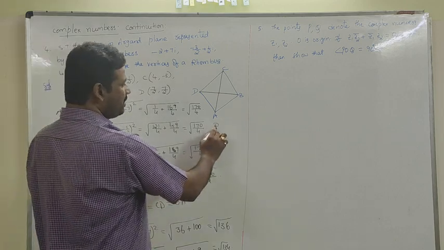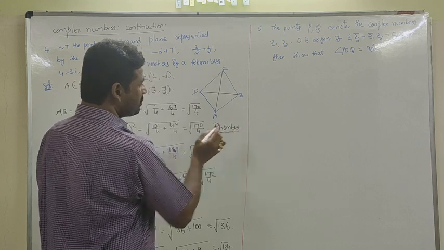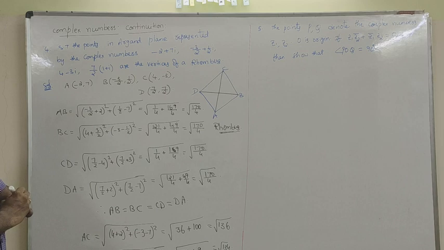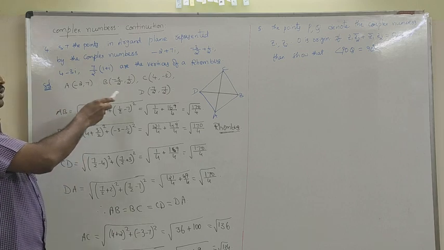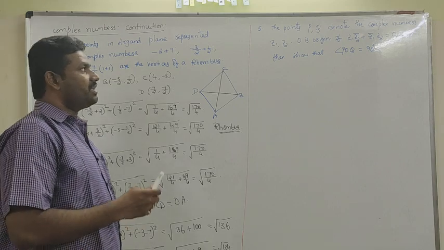So ABCD forms a rhombus. The points given in complex numbers, we converted into the points A, B, C. Right, now see the next problem.